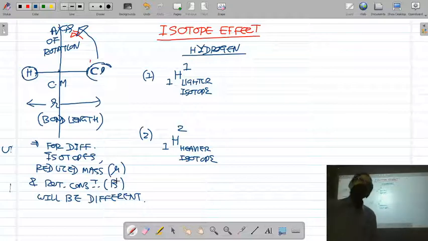So the reduced mass mu and rotational constant B will be different for different isotopes.